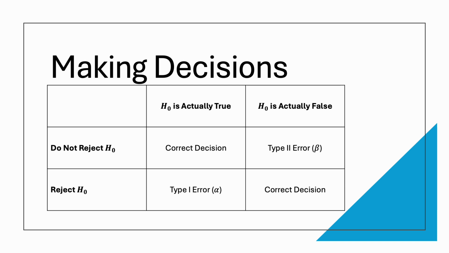If I decrease the chance of a type 2 error, I increase the chance of a type 1 error. So the balance is to decide which one is the one I want to minimize. And that's not really something we're going to get into, but again, it's something that we always want to keep in mind as we're running hypothesis tests.